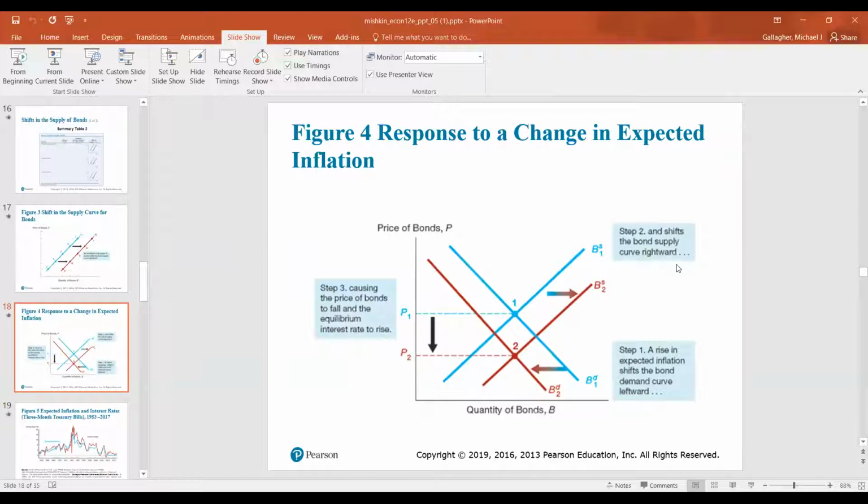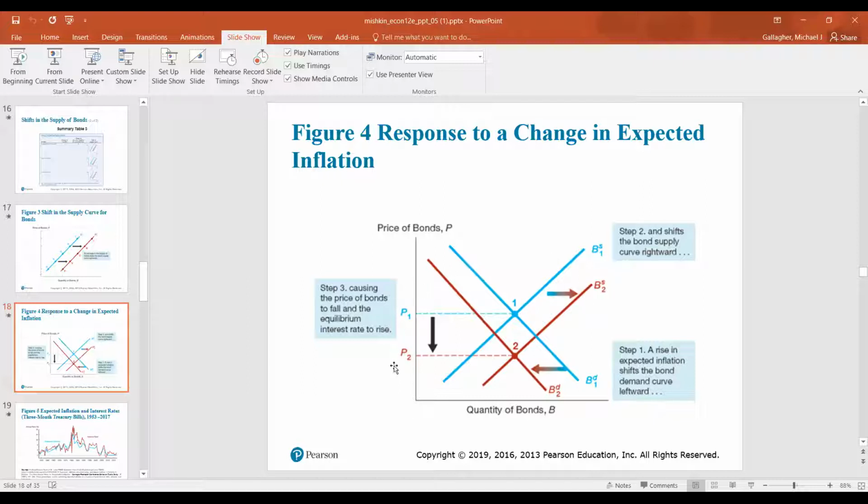Change in expected inflation. A rise in expected inflation means better returns on houses and cars, so relatively lower returns on bonds, so the demand curve shifts to the left. Right here. Step one. Step two, a rise in expected inflation makes the real cost of borrowing lower, shifting the supply curve to the right.